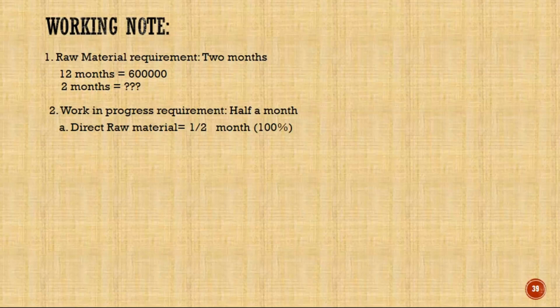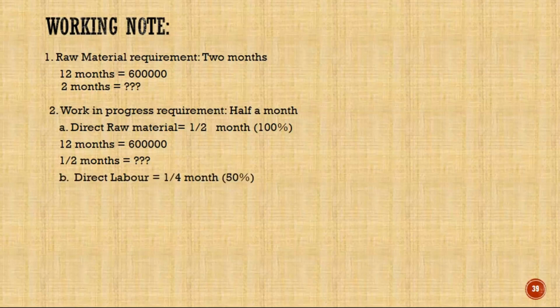So half month, that is full period, 100% period we have considered. So next is for 12 months, the same amount will be the base, that is direct raw material, that is 6 lakh. How much for half month? Then second component was direct labor. So here we will consider 50% period. So 1 by 4 month, we will consider here for calculation because work has not completed yet.